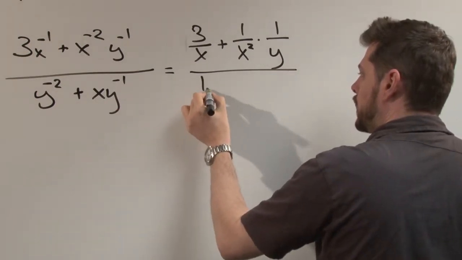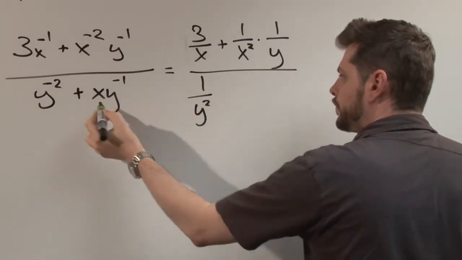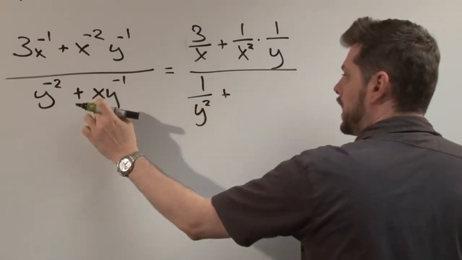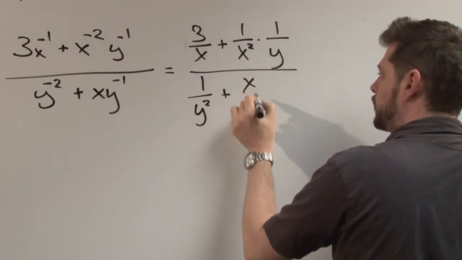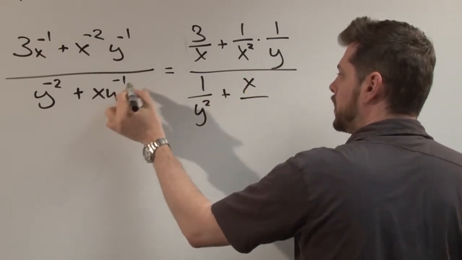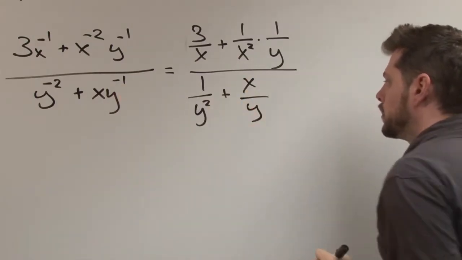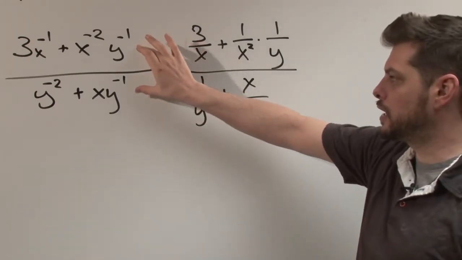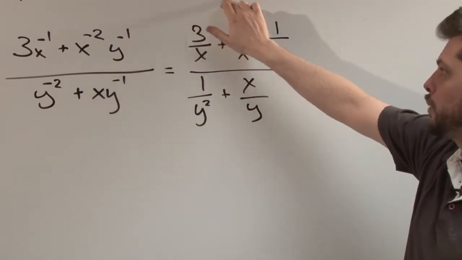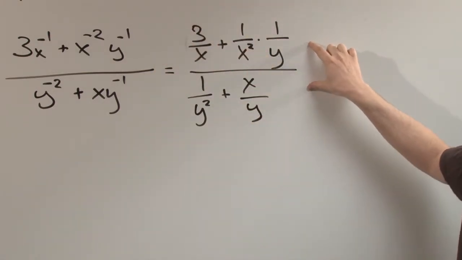The first we rewrite as 1 over y squared, and for the second, x has not been raised to a negative power, so we keep it the same. We keep it on the top, but y definitely has, so we write it as the fraction. So even though our initial setup didn't look complicated or complex, it in fact is very complex.